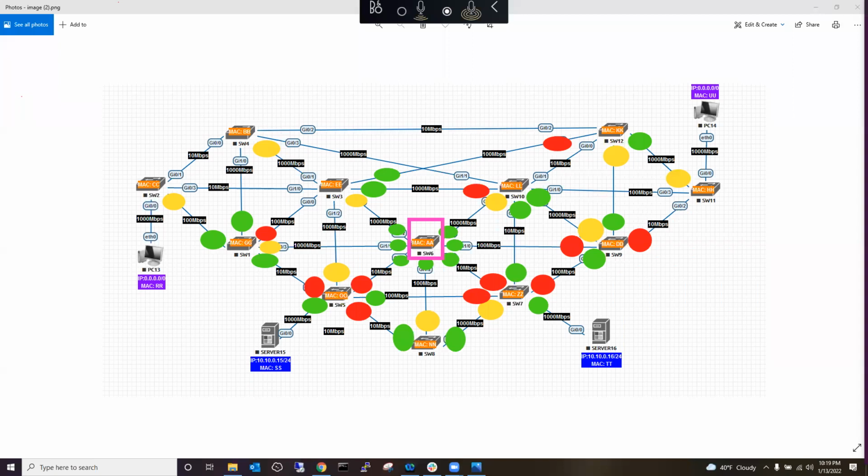So the designated port is connected directly to the root port. Looking at this, G01 would be the designated port, because this one would be directly connected to the root going into switch 6.